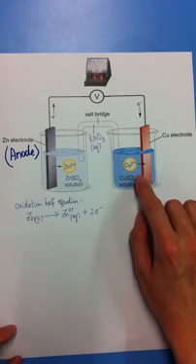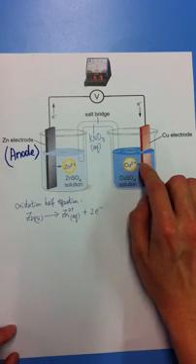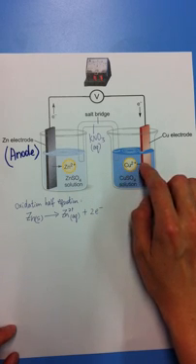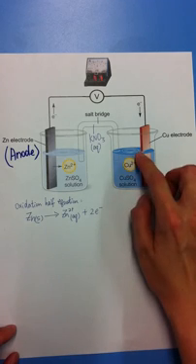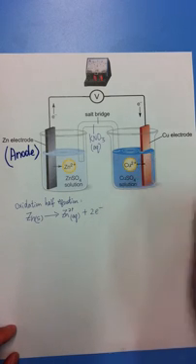In that beaker, copper(II) ions from the copper(II) sulfate solution move towards the copper electrode, and here gain electrons to form reddish brown solid copper and deposit on the surface of the copper electrode.